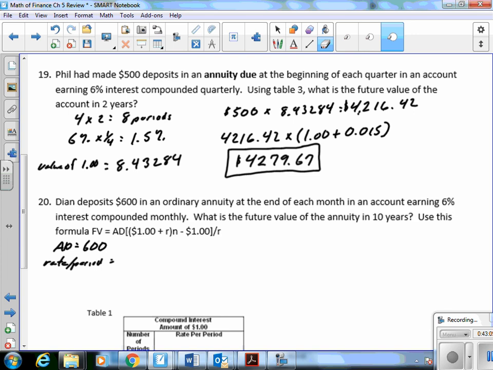It's going to be 6% divided by 12 periods, so 0.5%. And then N is the total number of periods, so monthly is 12 times 10 equals 120.